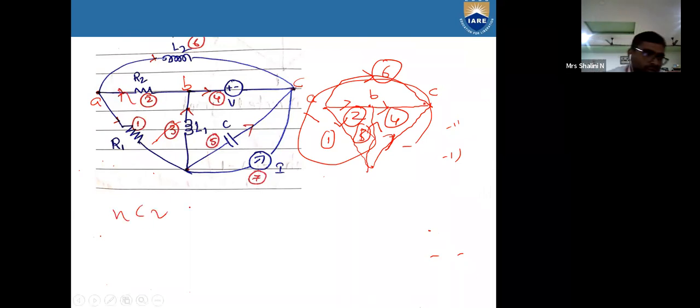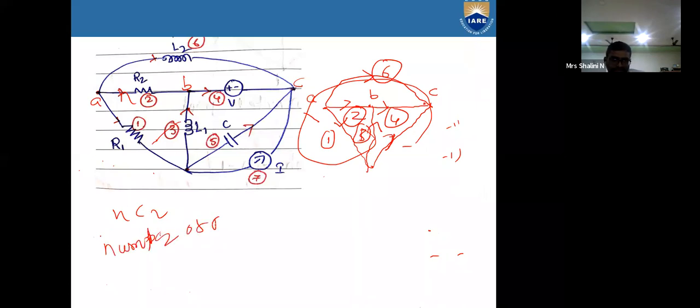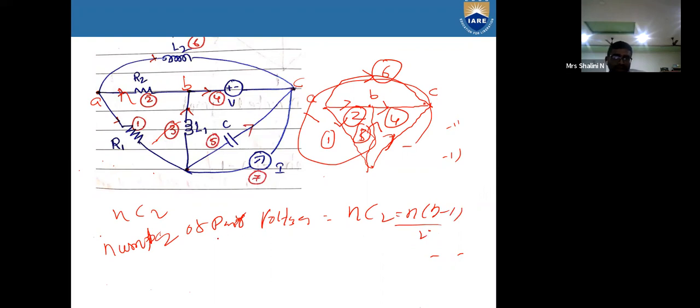Remember, the number of pair voltages will be nC2, that is n into n minus 1 by 2.